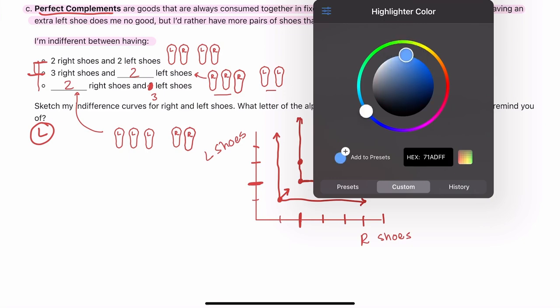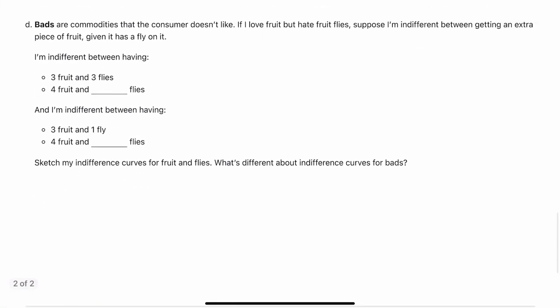I think I want this color. All right, the last question says, bads are commodities that the consumer doesn't like. If I love fruit but hate fruit flies, suppose I'm indifferent between getting an extra piece of fruit given it has a fly on it. So I'm indifferent between having 3 fruit and 3 flies, and 4 fruit and how many flies?